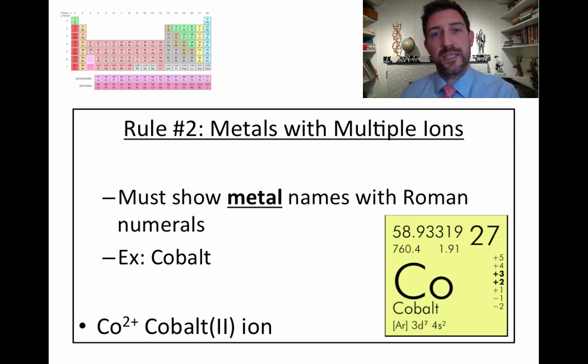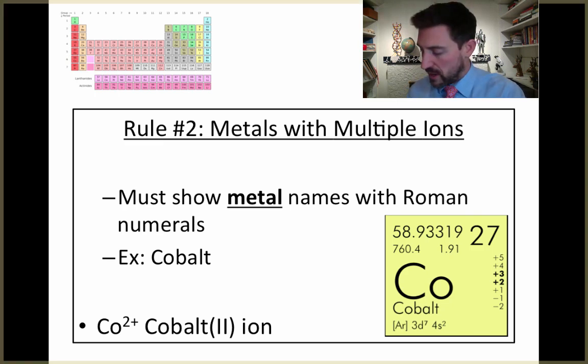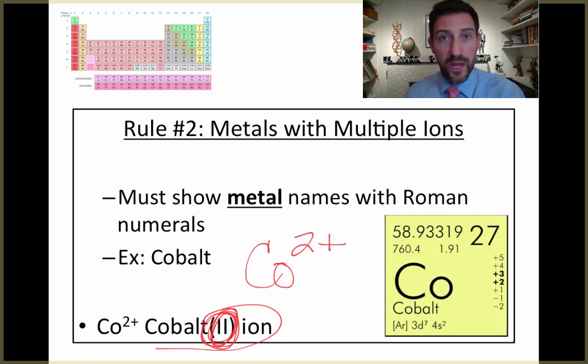Cobalt's 2 most common oxidation states are cobalt with a 3+ charge and cobalt with a 2+ charge. So I need to say which one is used in the formula unit. The way I do that is with these Roman numerals down here. So this cobalt 2 tells me that it's cobalt with a 2+ charge. It doesn't mean there's 2 cobalts. It just means it's the cobalt with a 2+ charge.